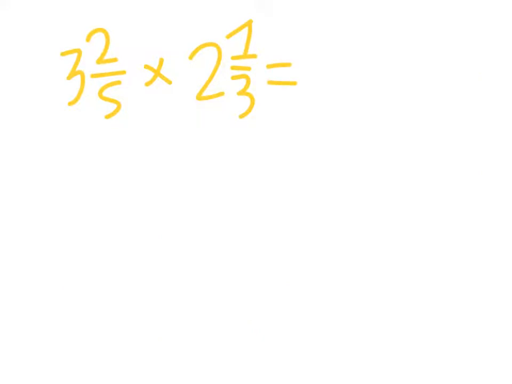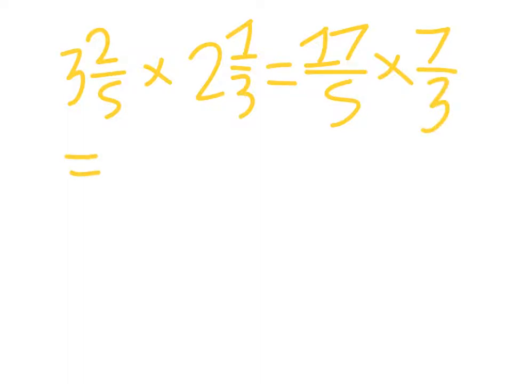Now let's look at an example with mixed numbers. First thing we're going to want to do is convert both mixed numbers to improper fractions. So the 3 times 5 is 15. We add a 2 to get a 17, so we get 17 over 5. Then we take the 2 times 3, which gets us 6, add 1, which gets us 7, so we get 7 over 3.